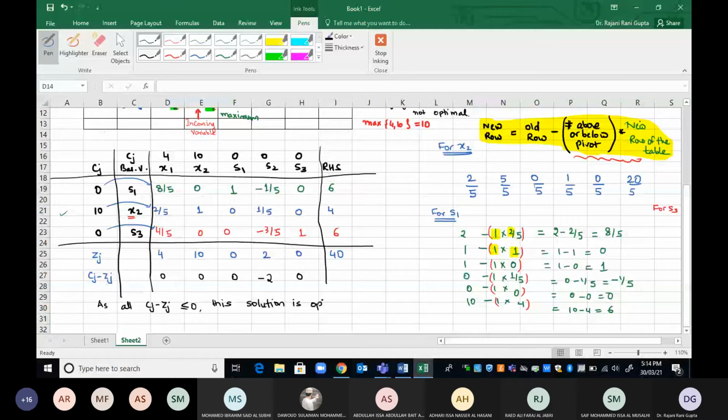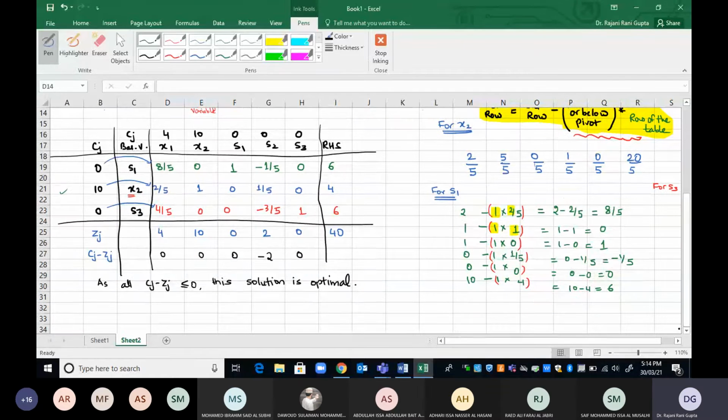Now, what is the solution? I mean, what are the values of x1, x2? That is the solution. And what is the maximum value of z? For that, we have to look at this final table. In the final table, you see the variable x2 takes the value 4, the RHS side.